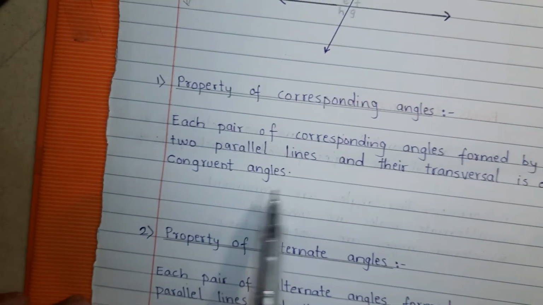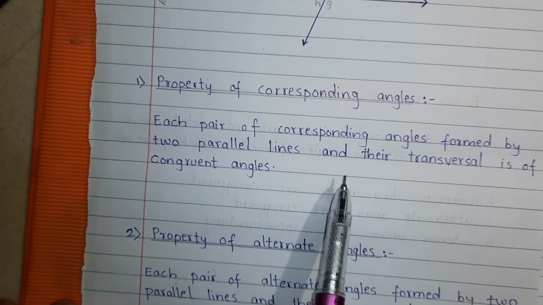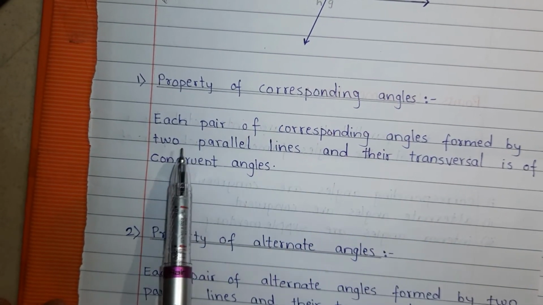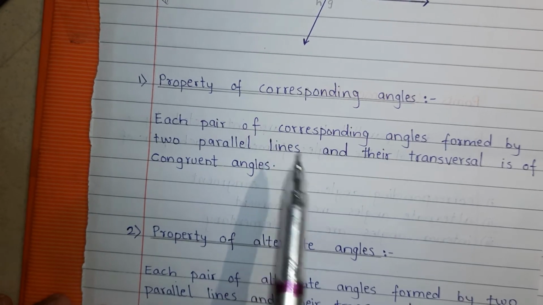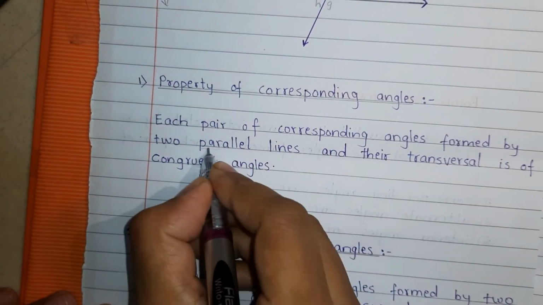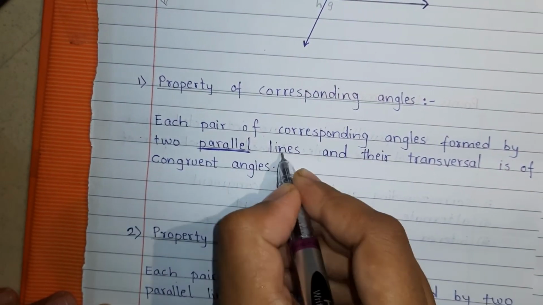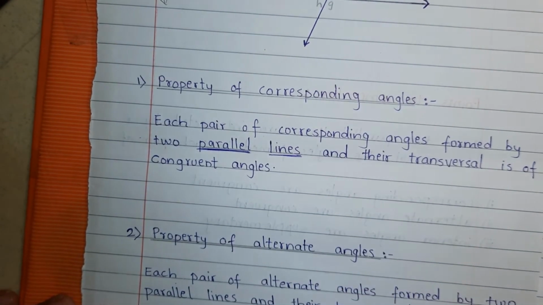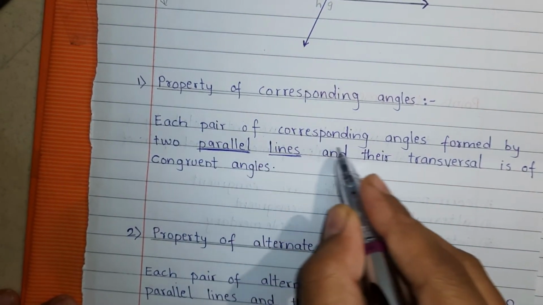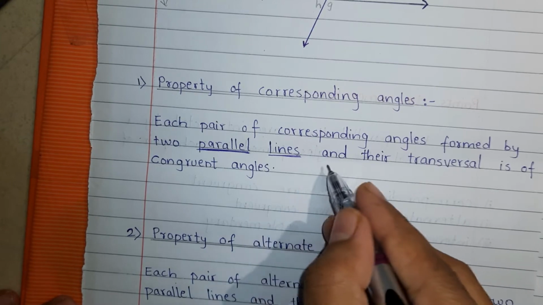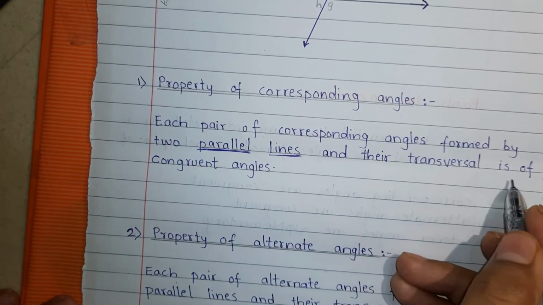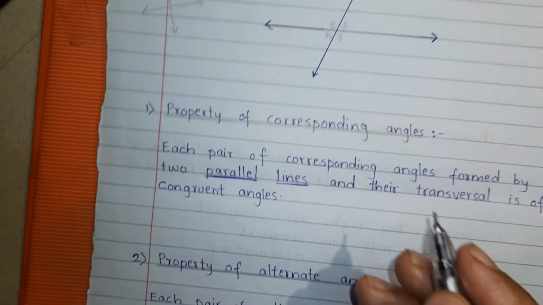So the first property is: each pair of corresponding angles formed by two parallel lines. This word is very important. This property is true only if the lines are parallel. So, each pair of corresponding angles formed by two parallel lines and their transversal is of congruent angles.